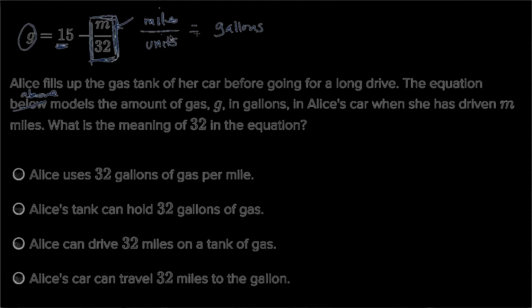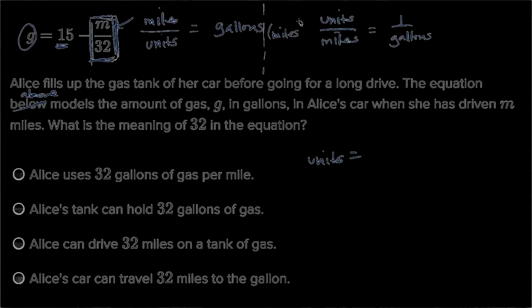Well, we can treat these units the way we would treat algebraic variables. So we could solve for units here. We could take the reciprocal of both sides and say the mystery units divided by miles is going to be 1 over gallons, or per gallon. And then multiply both sides by miles.